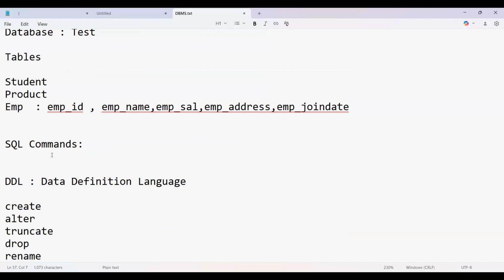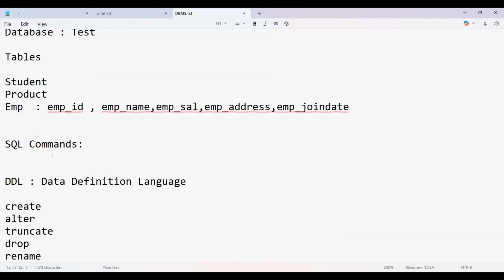The create command is used to create a database, as well as to create a table.